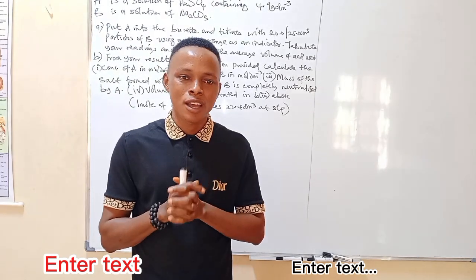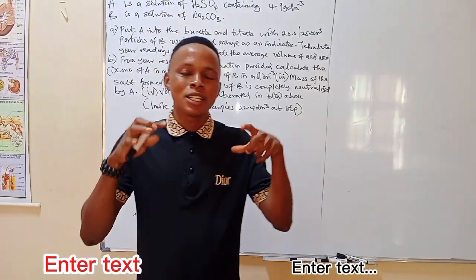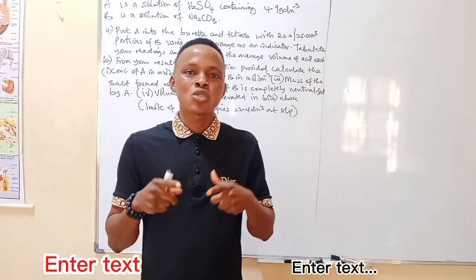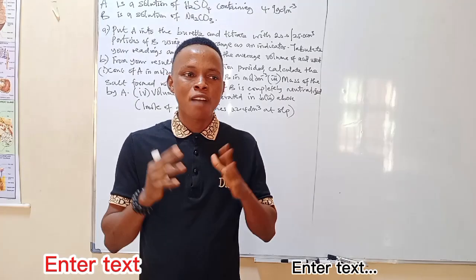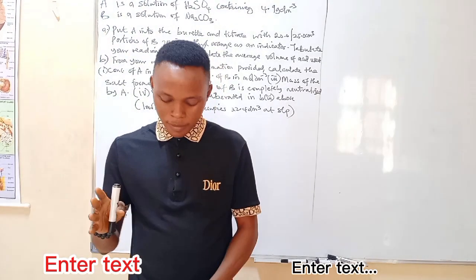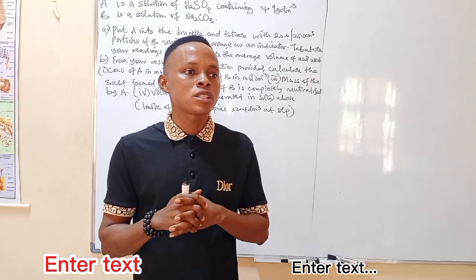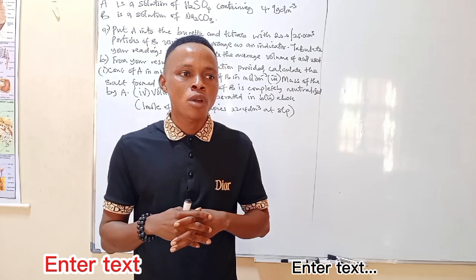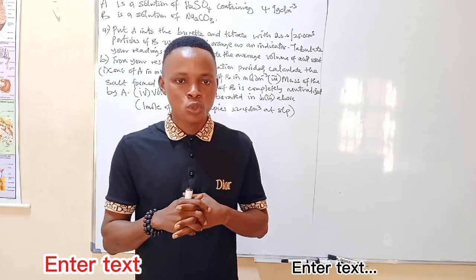Now, in today's class, we are going to be looking at the NECO 2024 practicals, alternative A precisely. We have been given H2SO4, that is concentrated tetraoxosulfate VI acid, and sodium trioxocarbonate IV as reagents to be used.